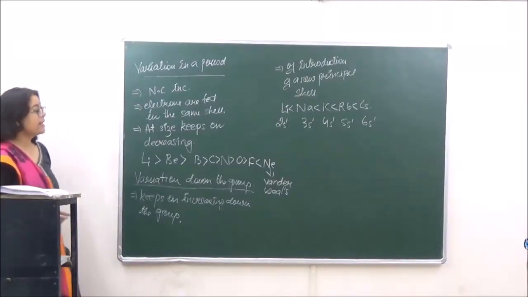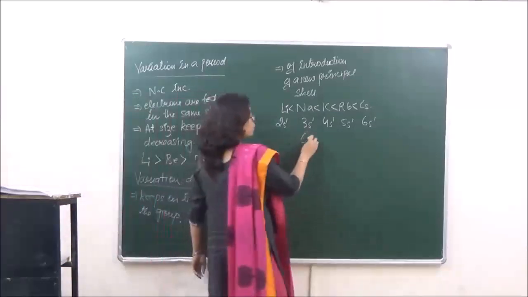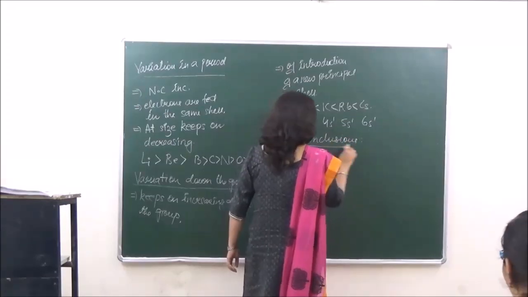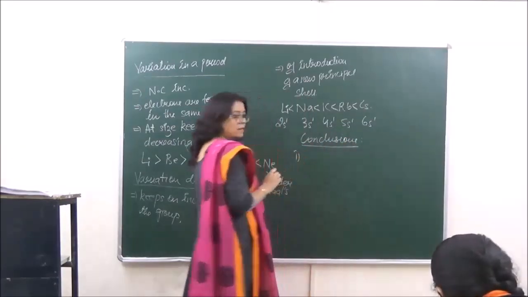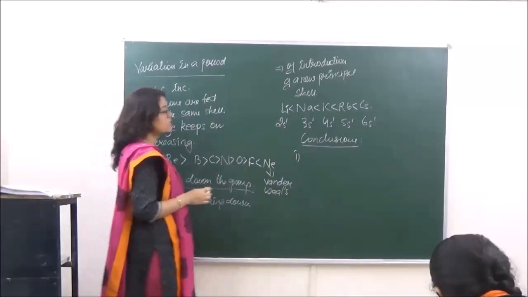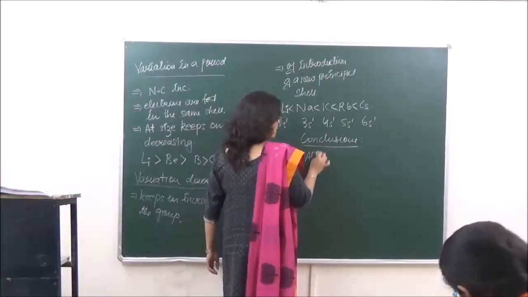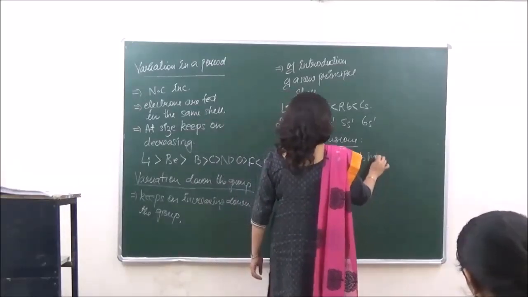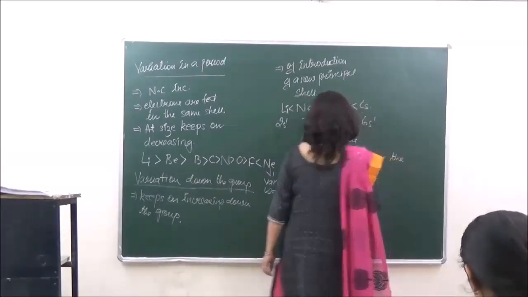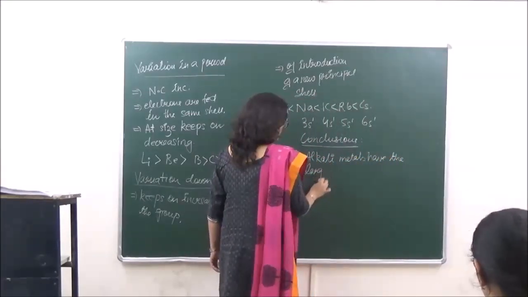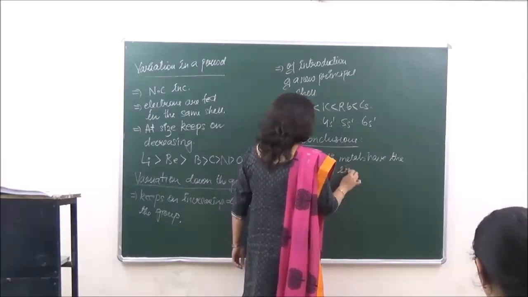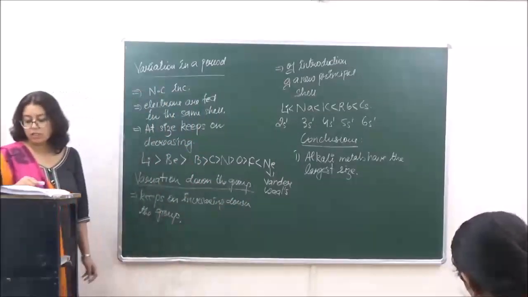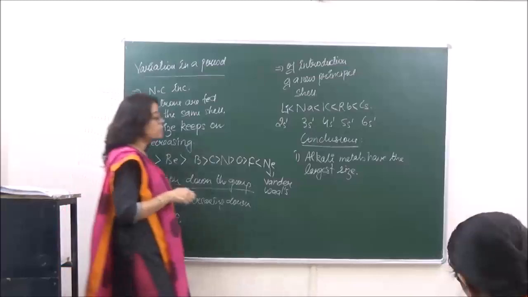Okay, so when we are looking at the atomic sizes, let's just write some concluding points. Conclusions. Number 1. Alkali metals have the largest size in the periodic table and the halogens have the smallest size.